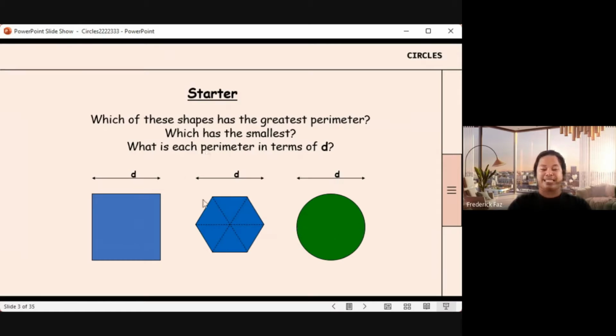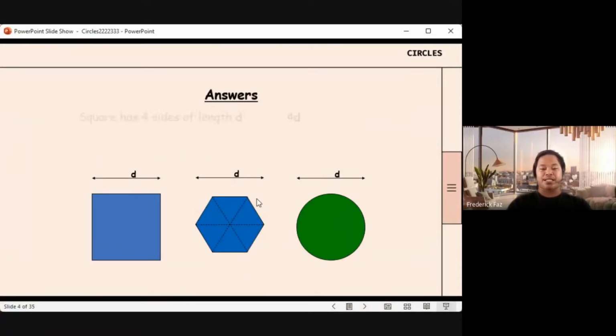So which has the greatest perimeter? Let's have. The given square has four sides of length D, which means that its perimeter is equal to 4D.